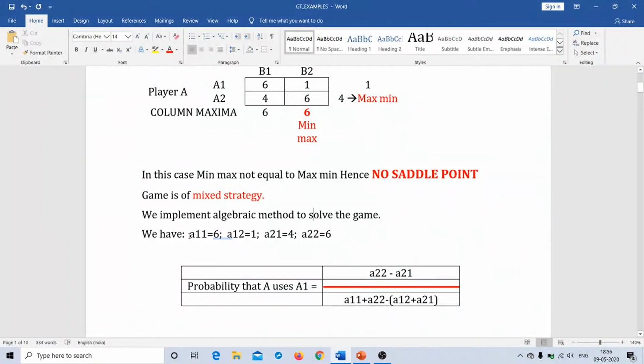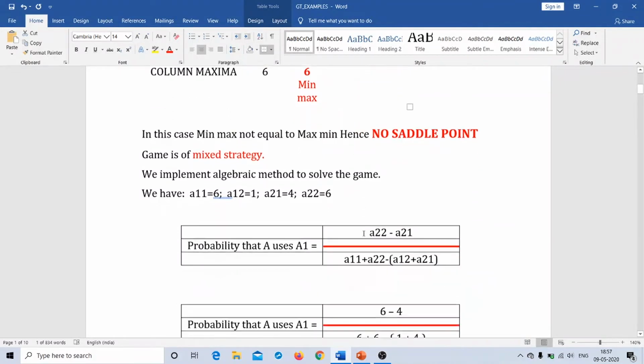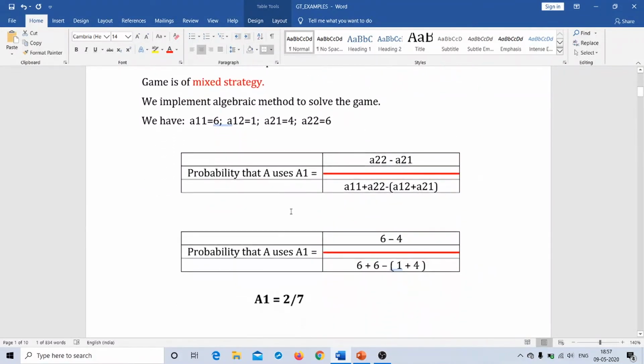So I write the values of these four variables: a11 is 6, a12 is 1, a21 is 4, and a22 is 6. I'm not going to do anything great; I'm going to substitute them in the formula for the probability that A uses A1. By substituting the values I get the A1 strategy probability as 2 by 7.